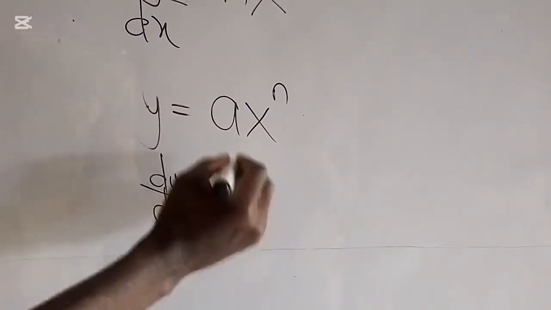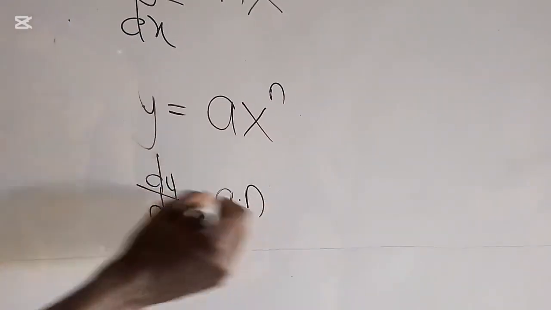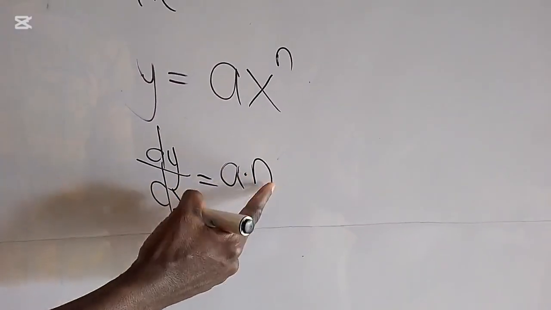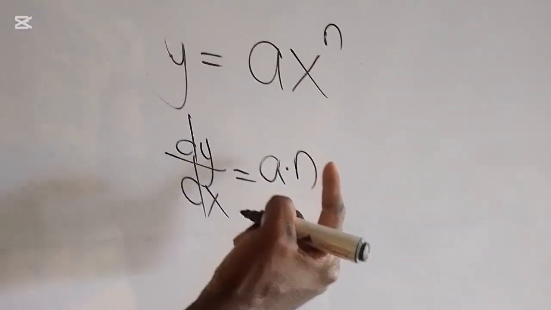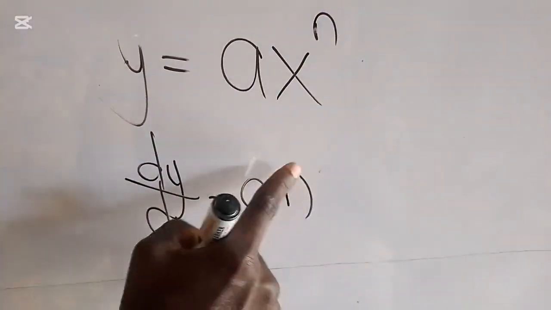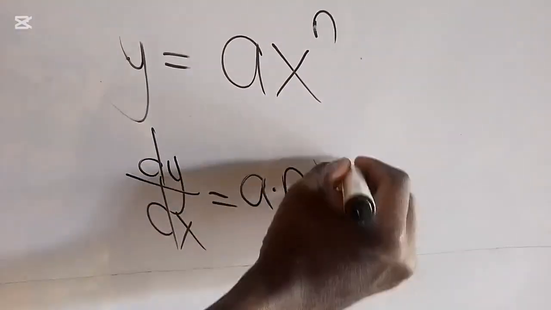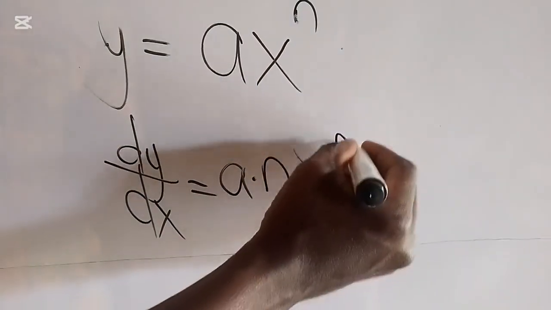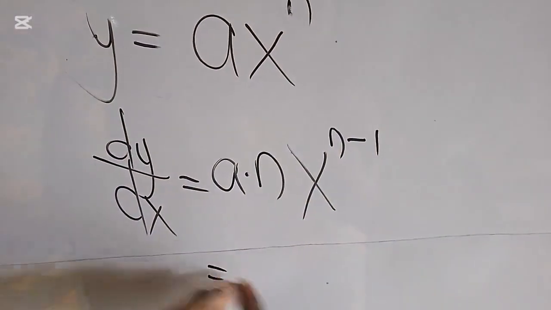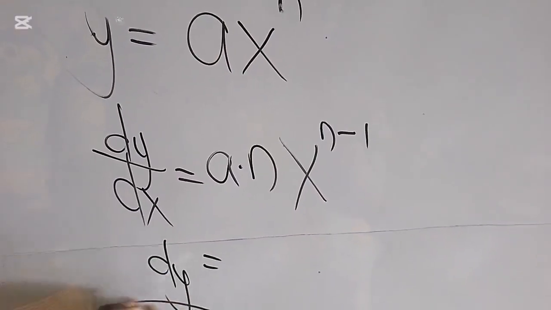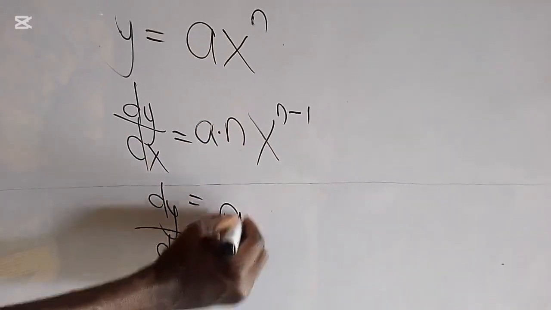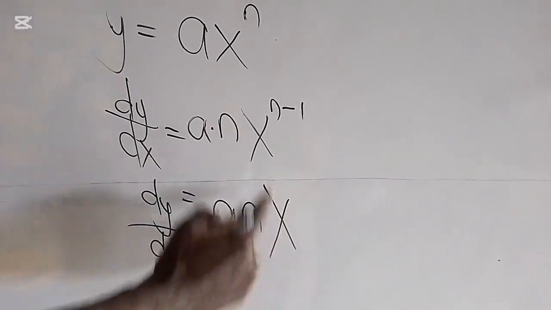So we have a multiplying the n, the dot here signifies multiplication. Then I told you early on that we need to subtract 1 from the n. So we bring our x, then we subtract 1 from the exponent, so n minus 1. So our dy over dx is equal to a multiplied by n, which gives us a n x to the n minus 1.